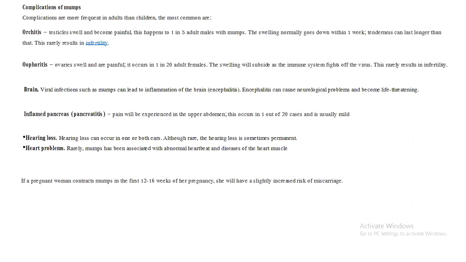This rarely results in infertility. Oophoritis: the ovaries swell and are painful. It occurs in 1 in 20 adult females. The swelling will subside as the immune system fights off the virus. This rarely results in infertility.